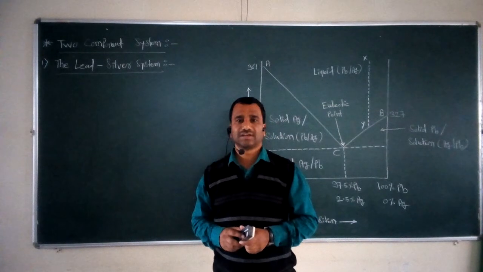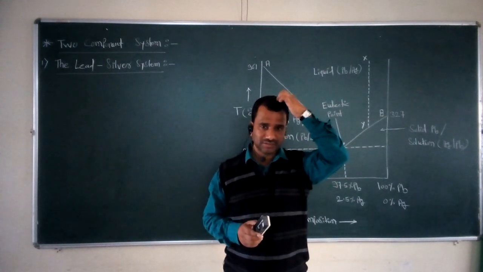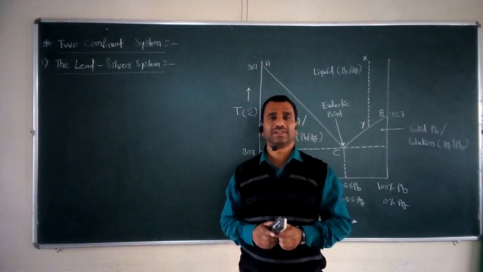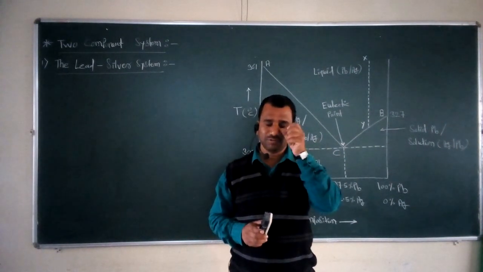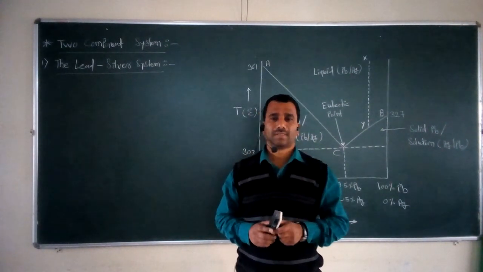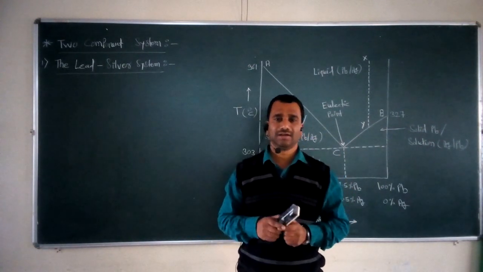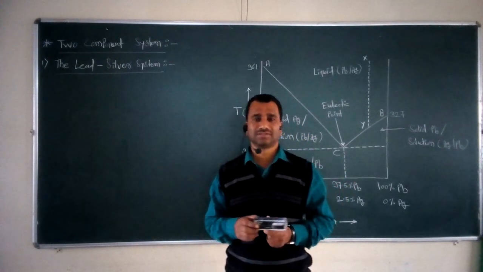In the last lecture, we started an important point from the chapter called the application of the phase rule for the various components of a system. Among that, we started the first component, called the one component system, and in that we studied the phase diagram for the water system.